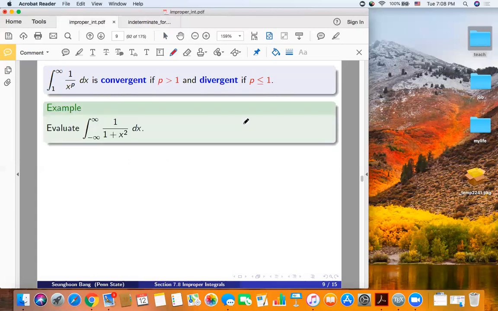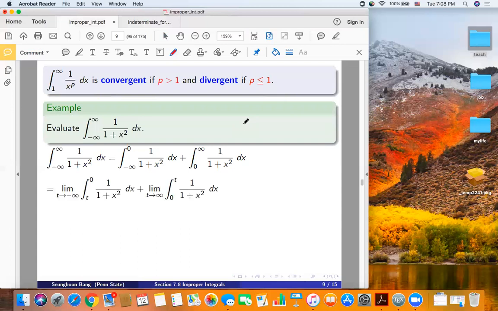The next example. From minus infinity to infinity, the best way is to split into two integrals, so you can change them to limit values. The first one, integral from t to 0, 1 over 1 plus x squared dx, take the limit as the t value approaches minus infinity.